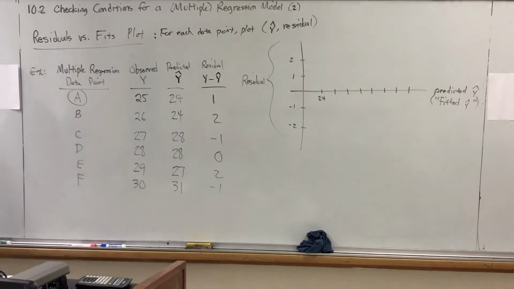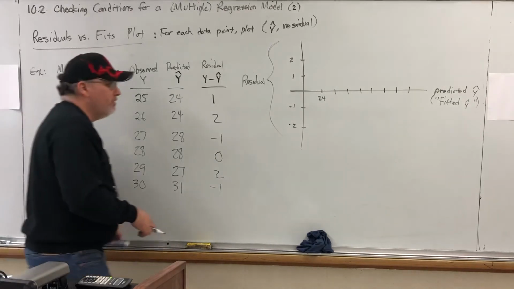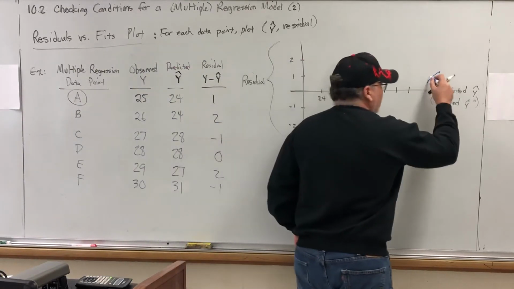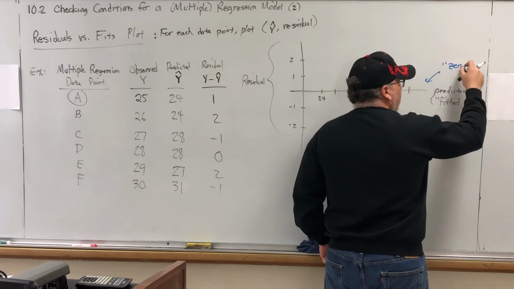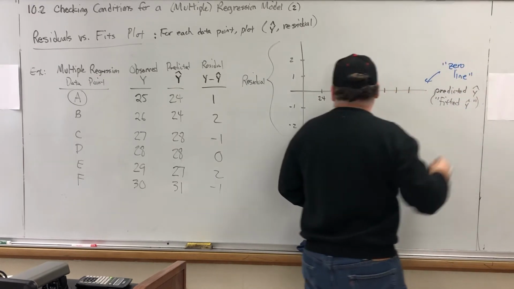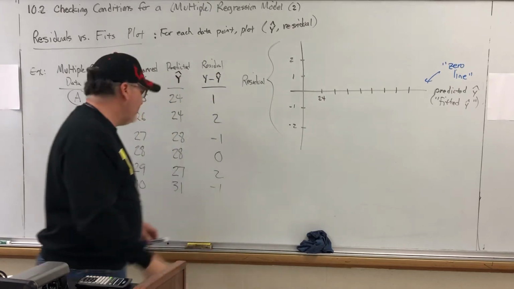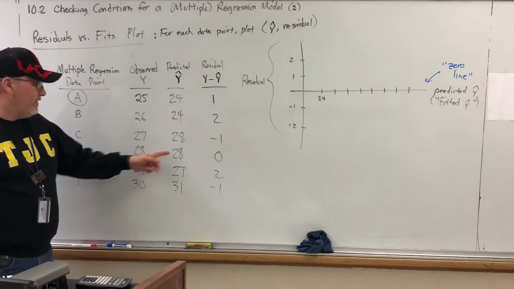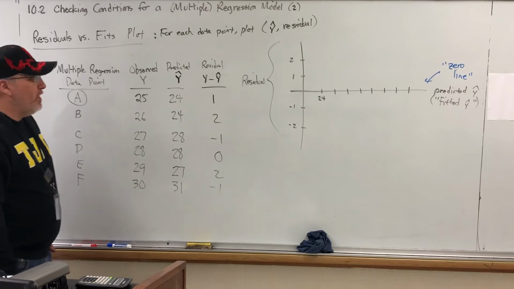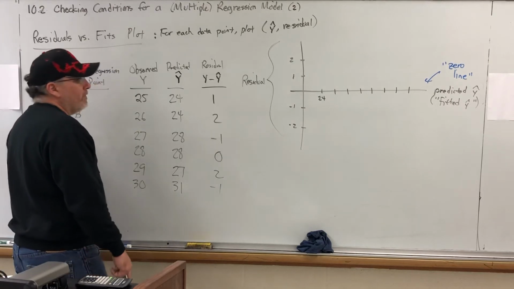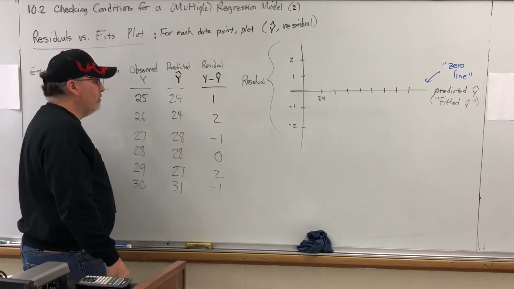Now that horizontal line that represents the predicted y value axis is usually called the 0 line because it's where the residual is equal to 0. If a point lands on it, that means its residual was 0, which means that the prediction perfectly matched what we observed. And now we just plot our points, and they're just of the form y hat comma residual.